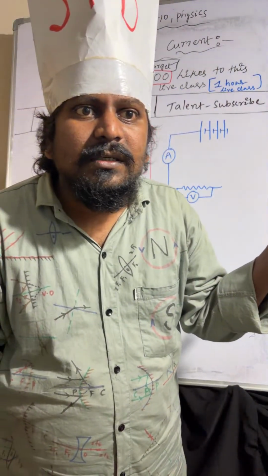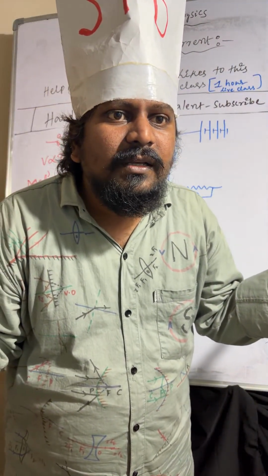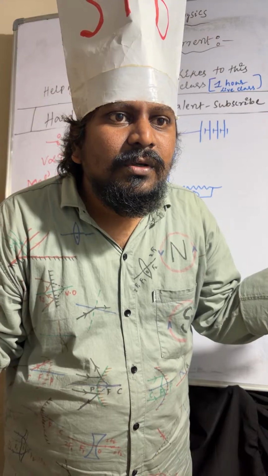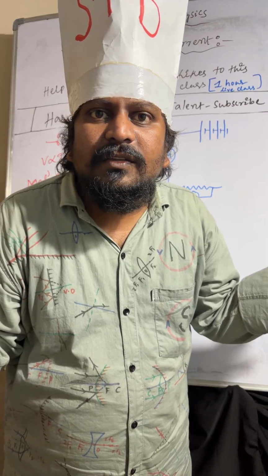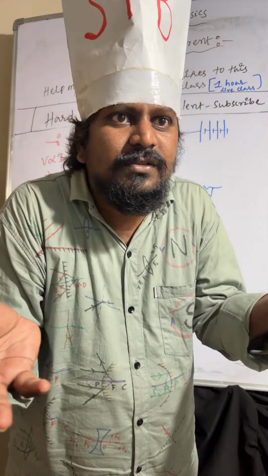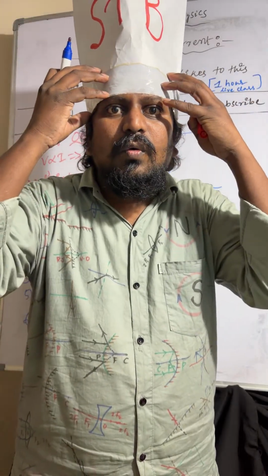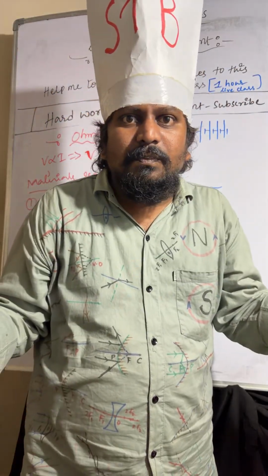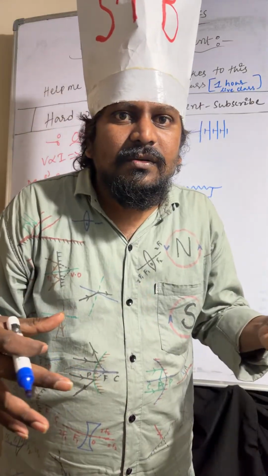Why? Because the voltmeter is used to measure the potential difference, no? We have to connect it in parallel combination to the circuit.